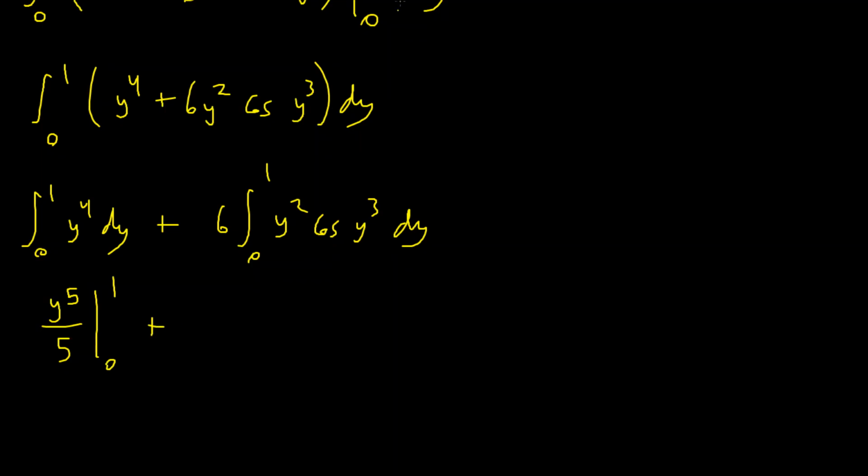And now for the second integral, we have to use a u substitution. So I'm going to set u equals y cubed. And what is du going to be? du is going to be 3y squared dy. So let's see. So this is going to be 2 times the integral of cosine u du.